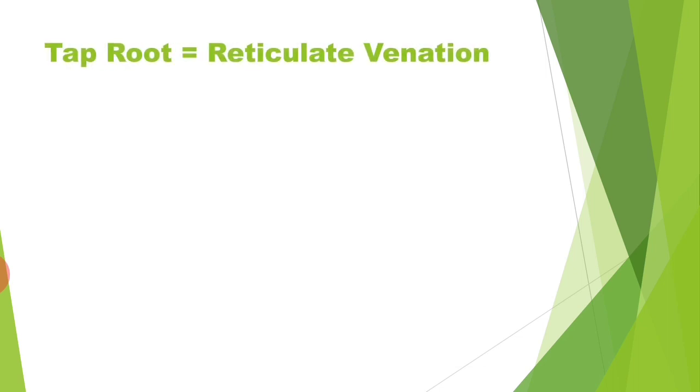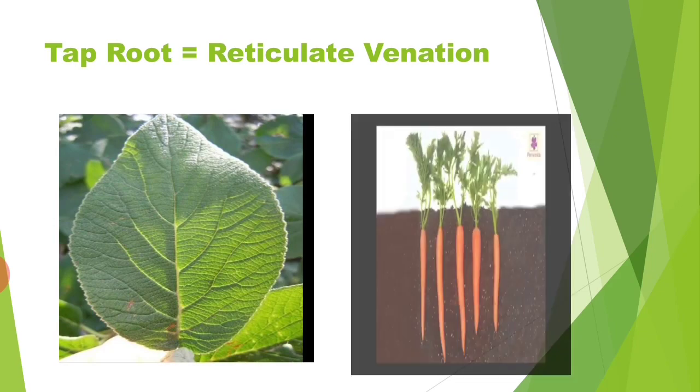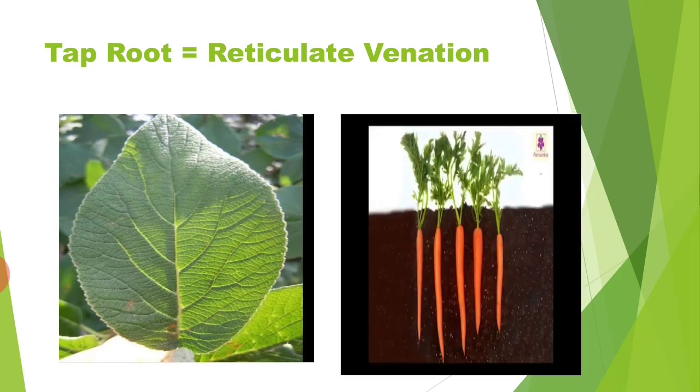And taproot will have reticulate venation. Taproot and reticulate venation means opposite. When there is a fiber-like structure, what kind of leaf will it have? It will have parallel. And when there is a straight taproot, it will have a reticulate venation, opposite to each other.